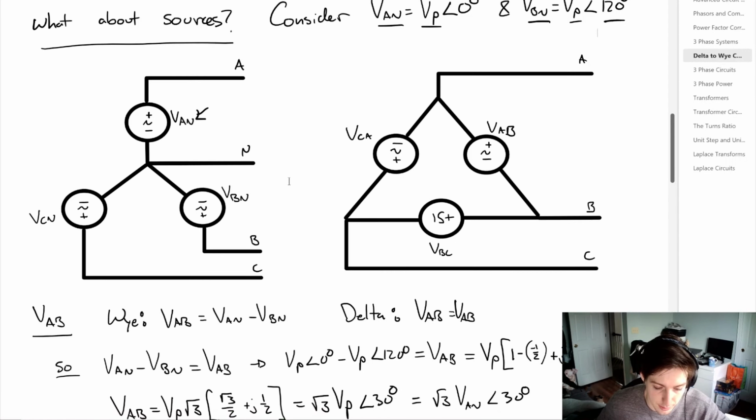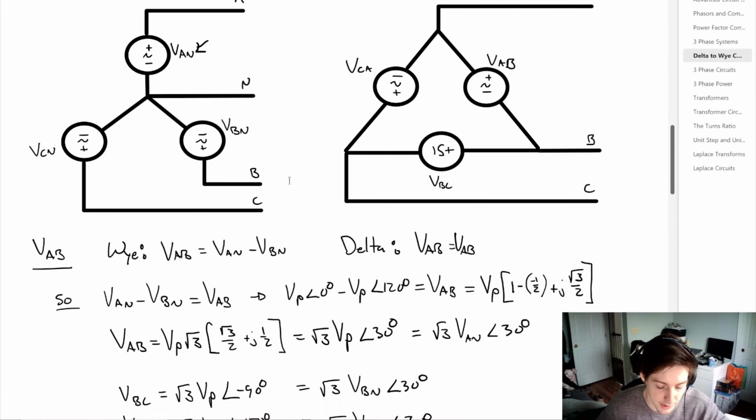So to do that, we're simply going to look at what VAB is. So in the Y network, VAB is simply going to be equal to VAN minus VBN, which is a little bit different from the delta network, where VAB is simply equal to VAB. But anyways, we can plug in VAN and VBN and call that VAB.